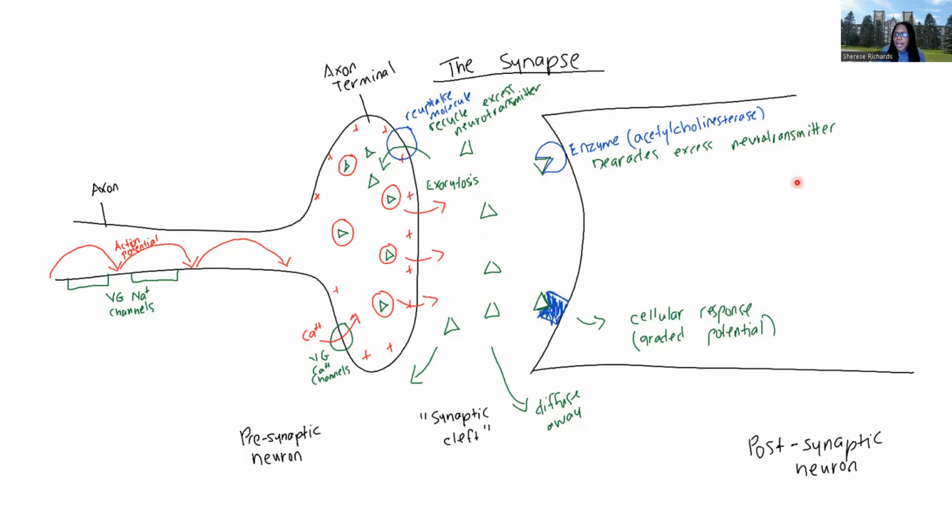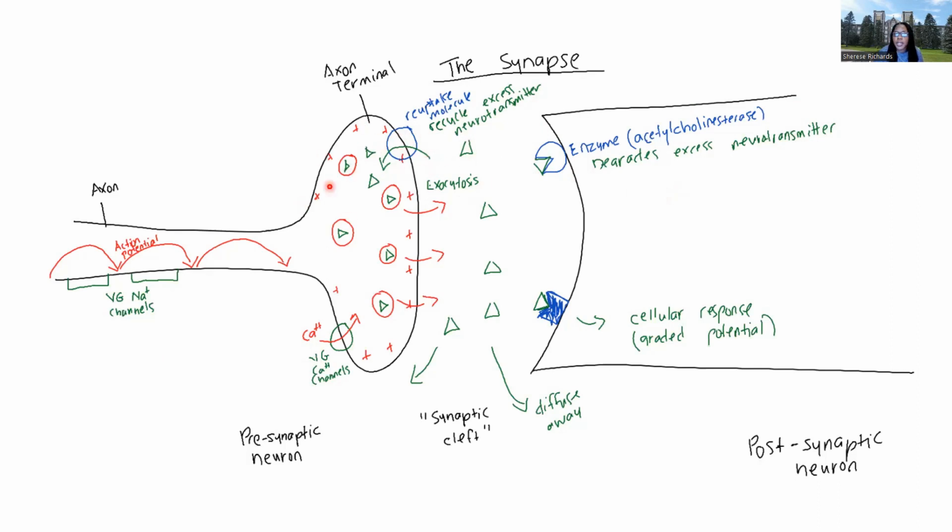The name of this enzyme was acetylcholinesterase, simply because most of the time acetylcholine is the neurotransmitter in question. There can be other neurotransmitters, but for the most part, acetylcholinesterase will degrade excess acetylcholine, and that will help to clear the junction.